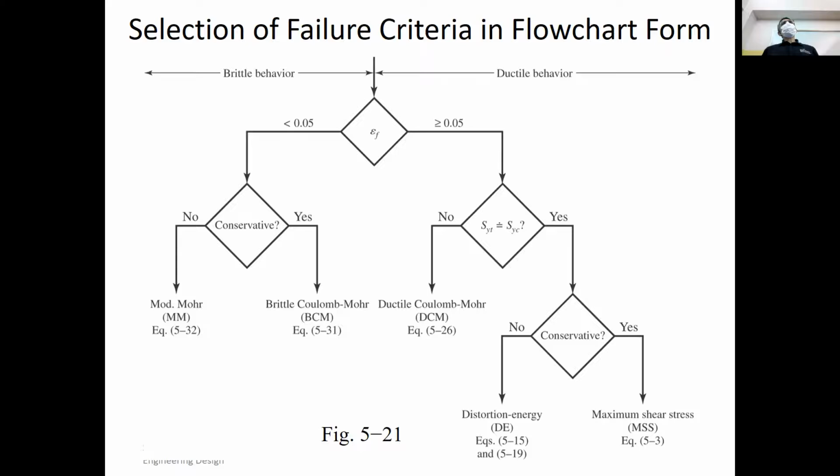I would be asking, is the yield strength of that material in tension the same as the yield strength in compression? Typically, for ductile material, the answer would be yes. Most ductile material exhibit the same yield strength, whether in tension or in compression, unlike brittle material.